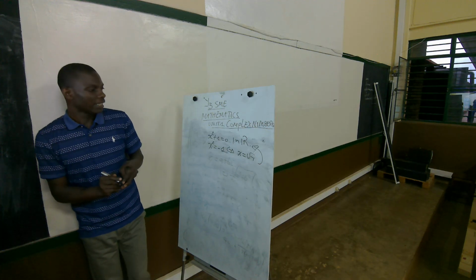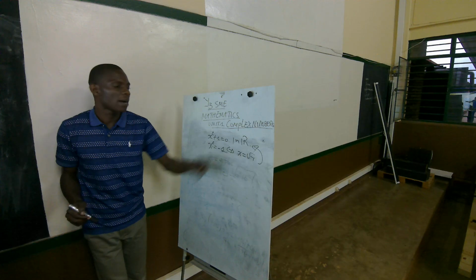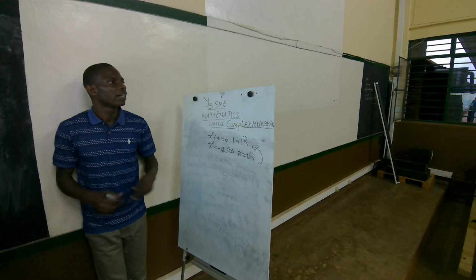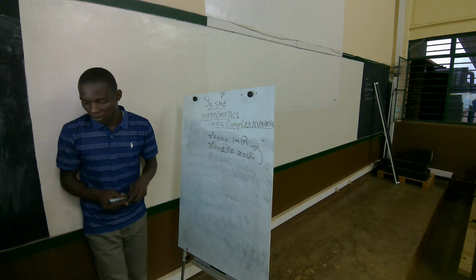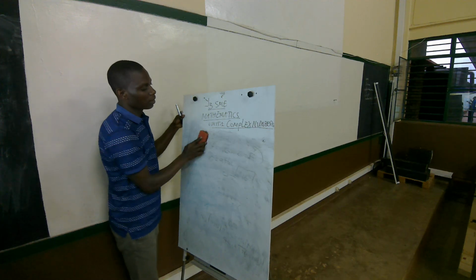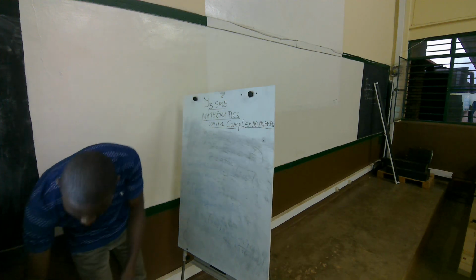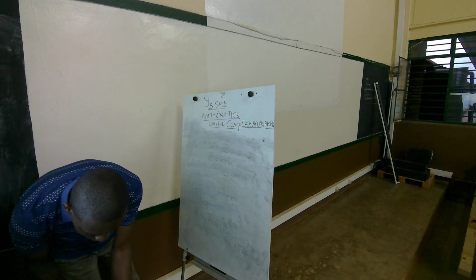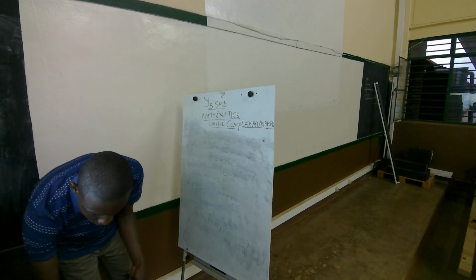But in the set of complex numbers, we are going to be able to solve this kind of equations. Now, how to solve this one? So we bring the concept of solving this kind of equations.